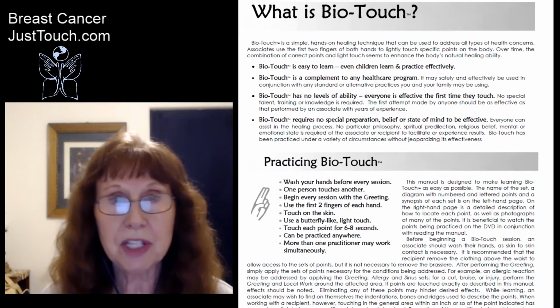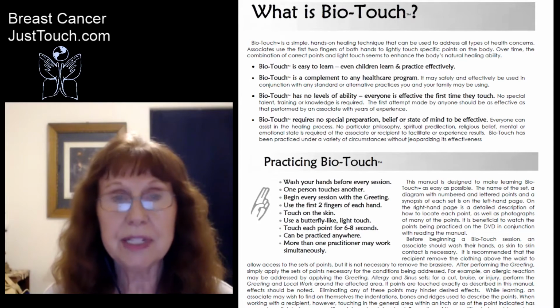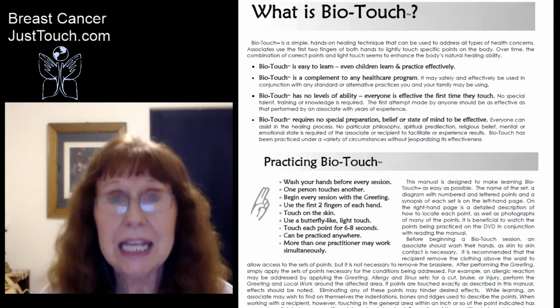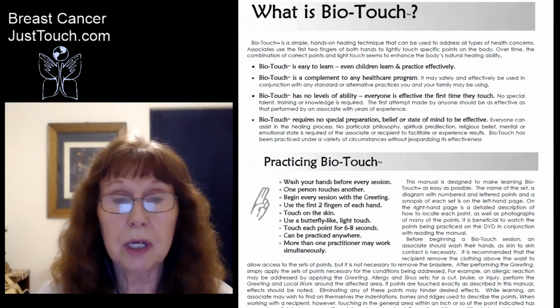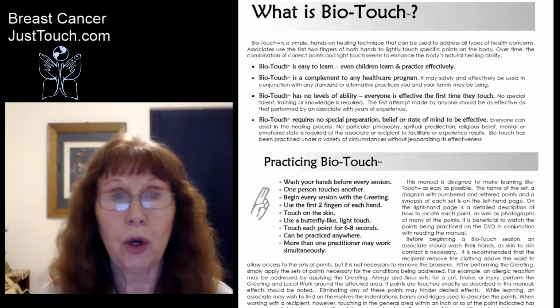So we touch specific points on the body. There's a whole technique with 17 sets of points, and it literally addresses any condition the body can create of its own. And it just helps the body to naturally heal in its own time, in its own way.